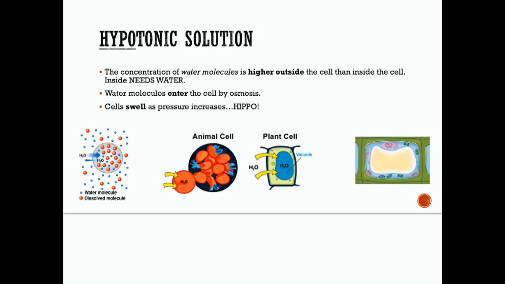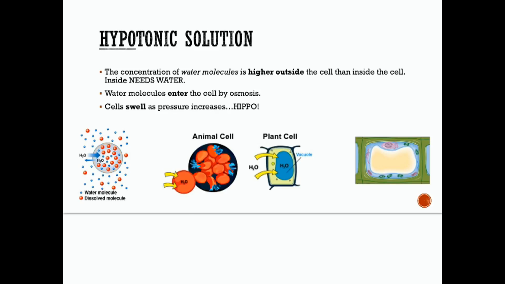The arrow going inside of the cell is a lot thicker than the arrow leaving the cell. There's still going to be some water that leaves the cell. Notice the thickness of the arrows. But if a cell is in a hypotonic solution, most of your water is going to want to gush into the cell because the inside of the cell needs water.